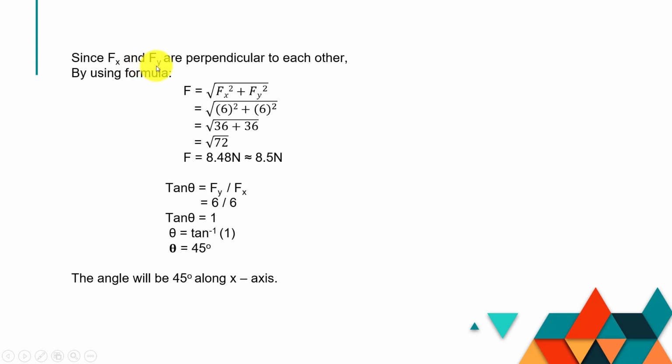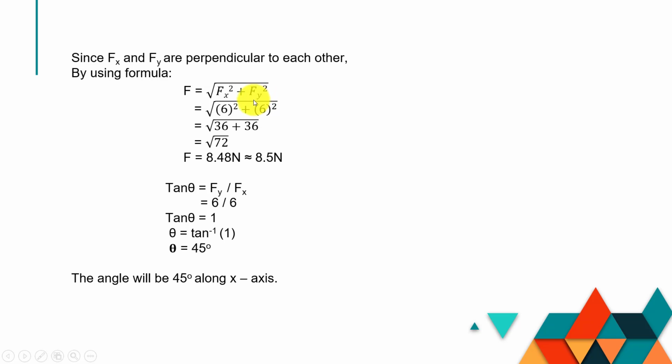Since Fx and Fy are mutually perpendicular components of the force, by using the magnitude formula of the force, we have F equal to the square root of Fx square plus Fy square.